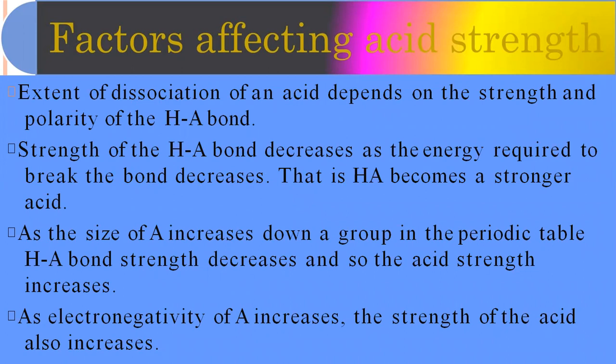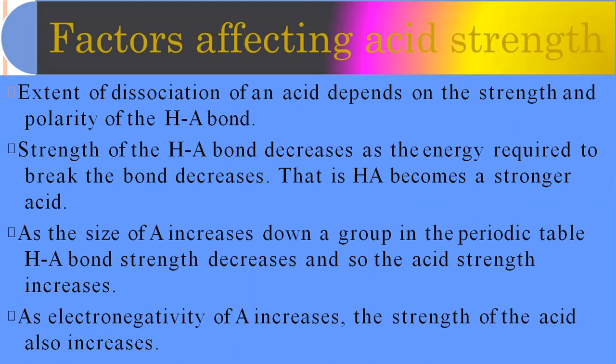Whenever we go down the group, what happened? The size of the element increases. That ultimately leads to a stronger acid. As the electronegativity of A increases, the strength of the acid also increases.